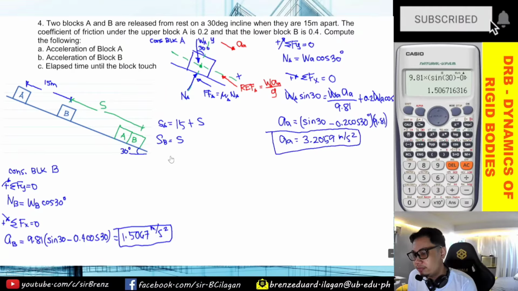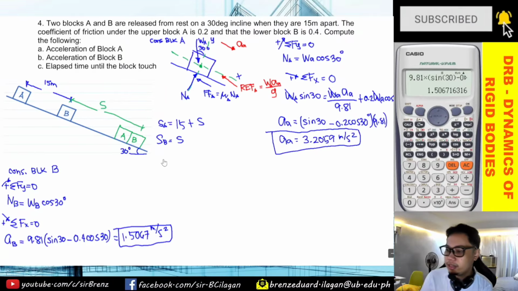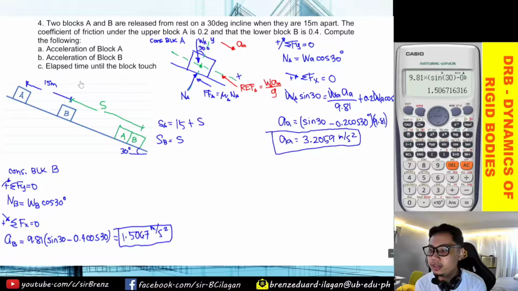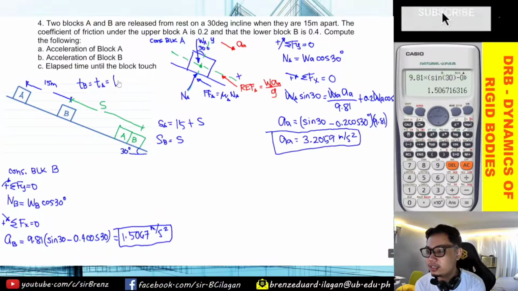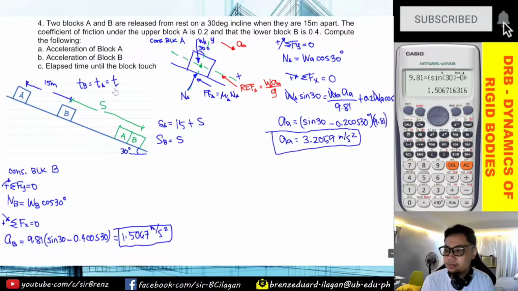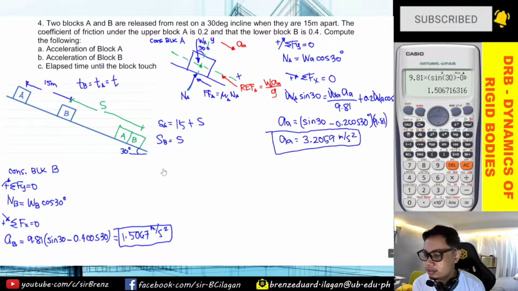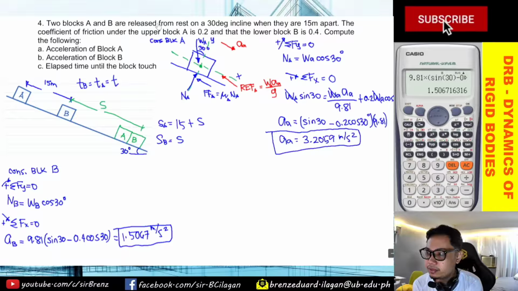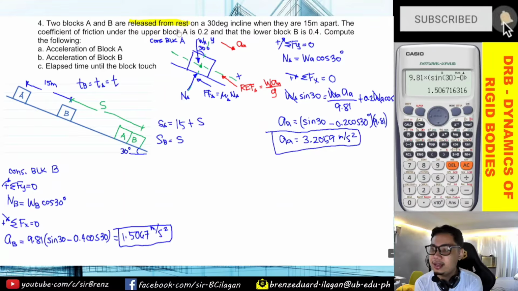So what other equation can we use? Since we have acceleration, and we know the time of B is equal to the time of A, let's call it time T. If you read the problem again, released from rest, meaning the initial velocity is 0.